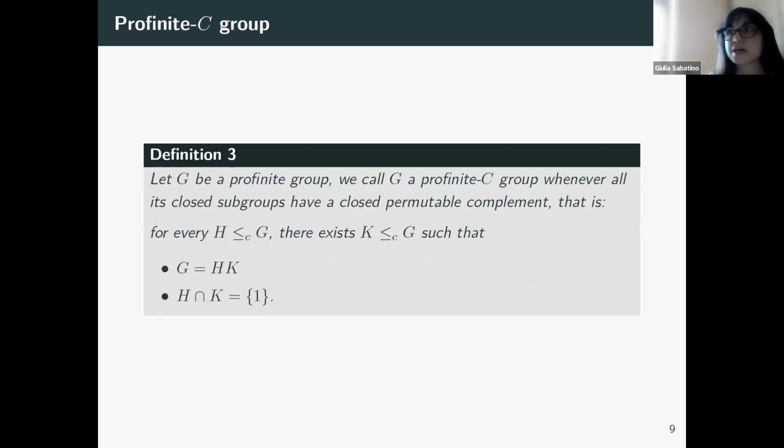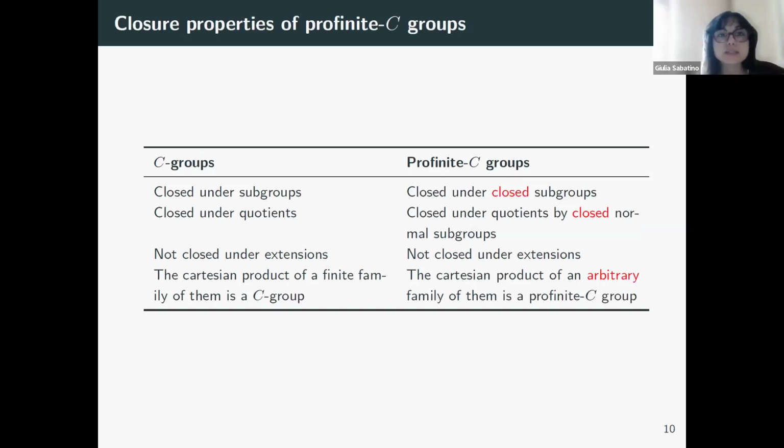In this class, we are assuming as much as possible because we are assuming that this permutable complement has to be closed. And we studied the closure properties of such a class, comparing them with the closure properties of the abstract class of C groups.